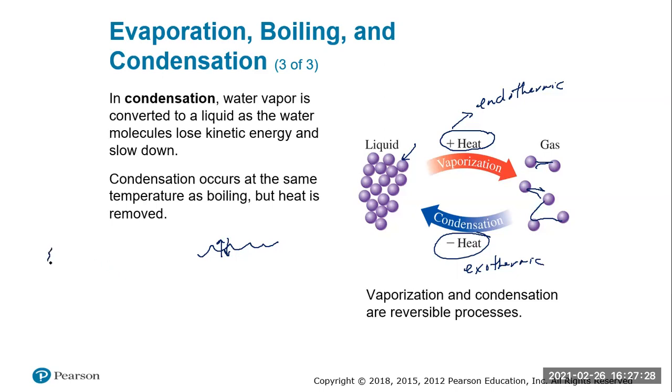That's why, for example, when we have a spill of some liquid on a counter and it's spread out, at the surface of that liquid you have a lot of evaporation occurring, but you also have some condensation occurring, some of those guys coming back in.